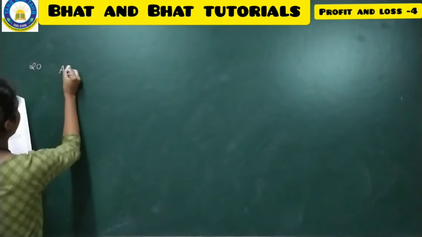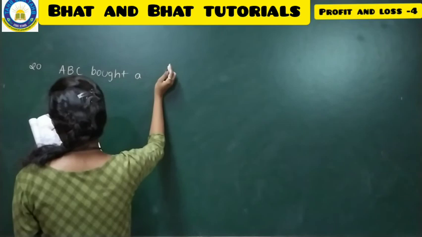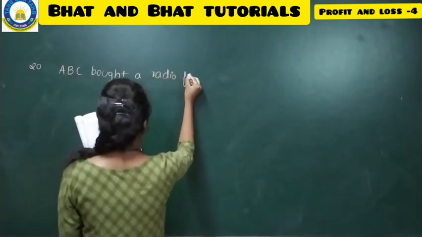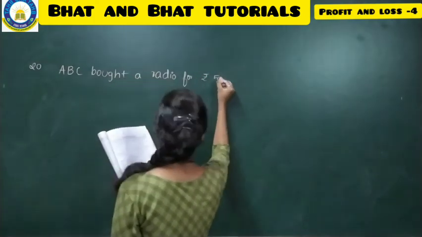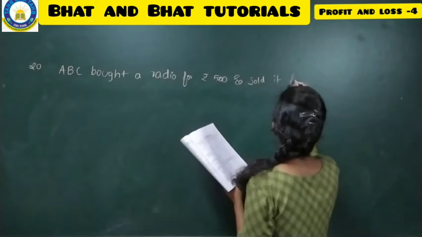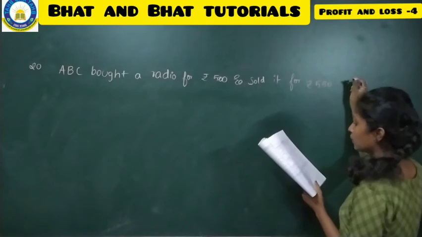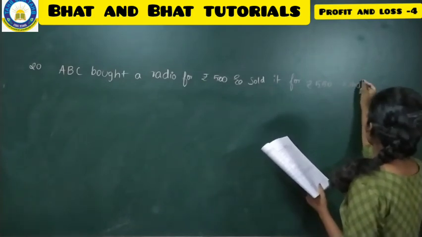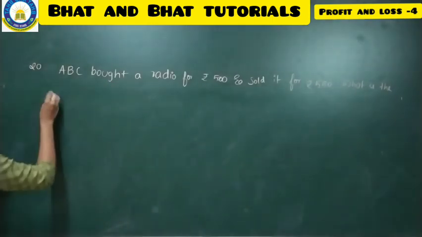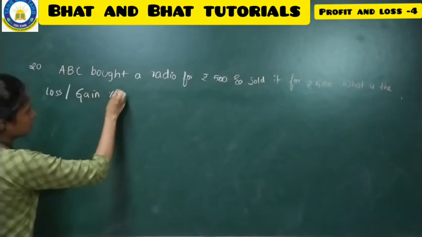ABC bought a radio for rupees 500 and sold it for rupees 550, full stop. What is the loss or gain percent? This is your question.